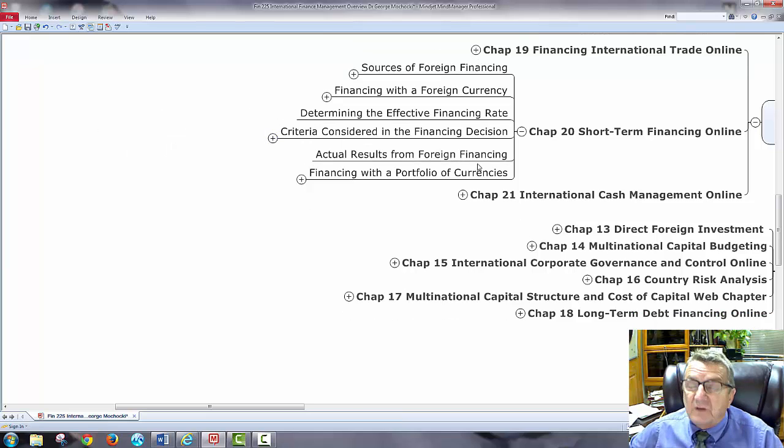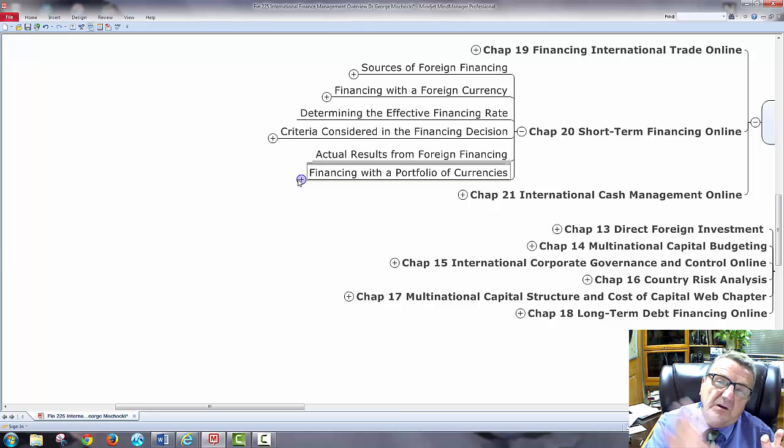Actual results from foreign financing, you have to look that up or research. Depending on the country, there's a lot of countries out there, you'll select one country for a multinational project or term paper. Once you understand one country internationally, the concepts will fall in. The math you'll figure out for that country, but the concepts and ideas.